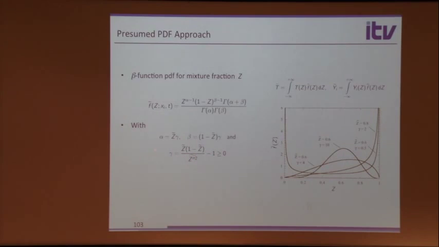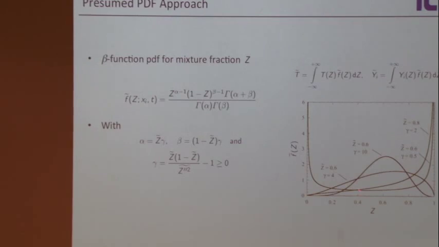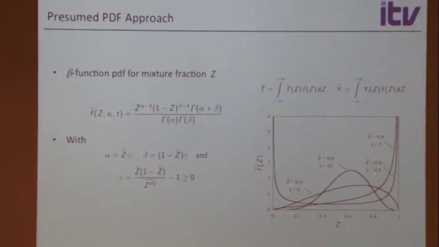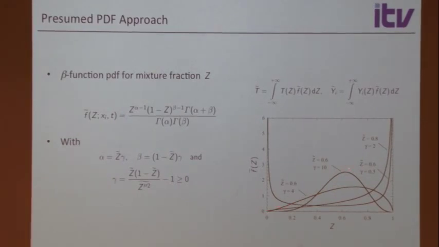So this would be 1, and 1 minus 1 is 0. So when gamma is 0, it gives you a double delta function. As gamma gets small, it goes more towards this double delta function. So you see here, this would be something with a smaller variance, larger variances. You get this double delta function, or you can also have this delta function on one side.